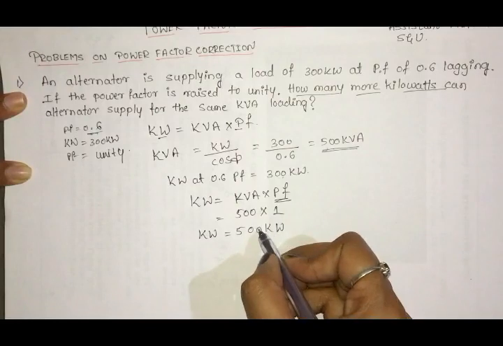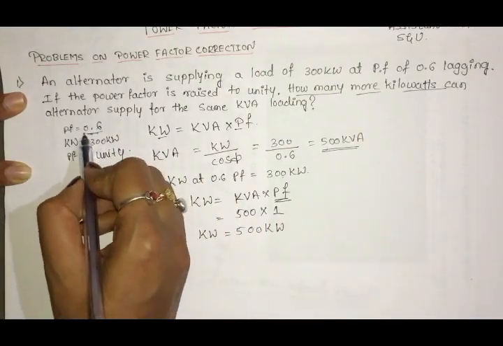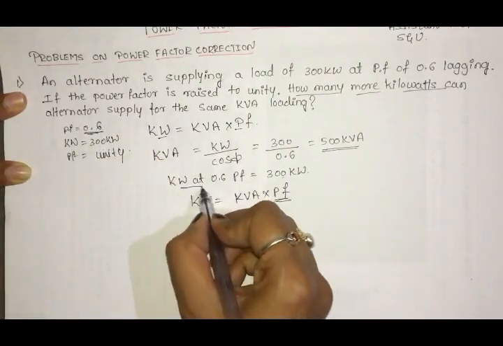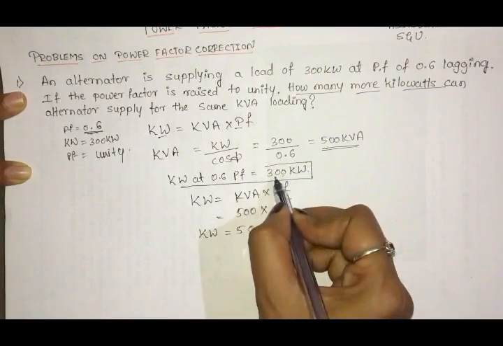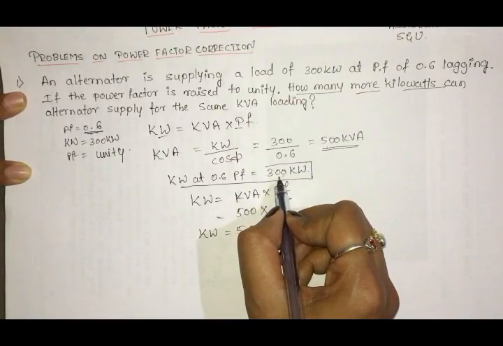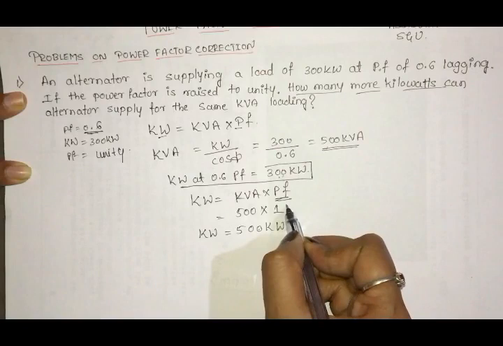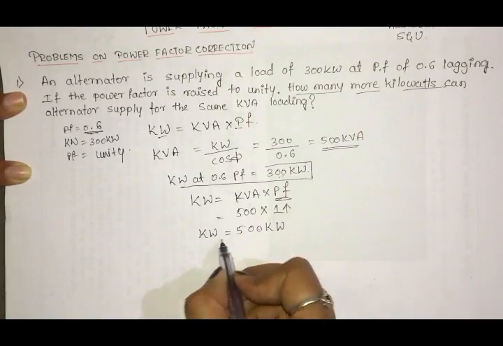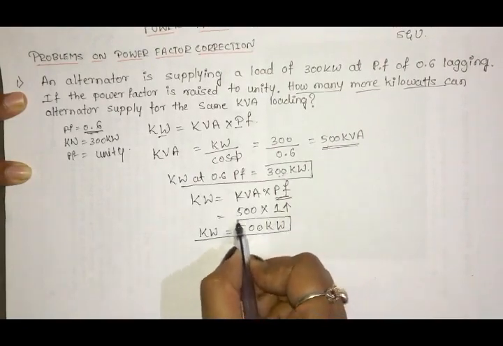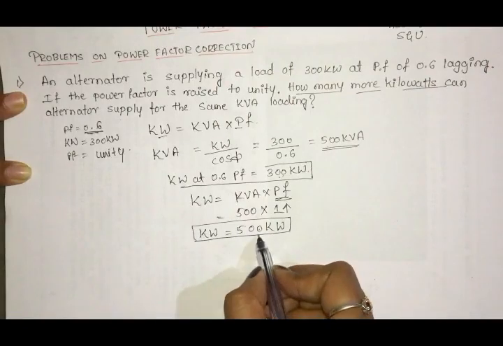So you can see here, when the power factor is 0.6, we are able to supply only 300 kilowatt of active power. When we increase the power factor to unity, we are able to supply 500 kilowatt.